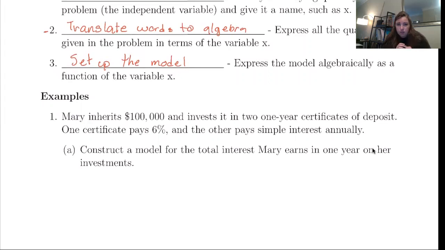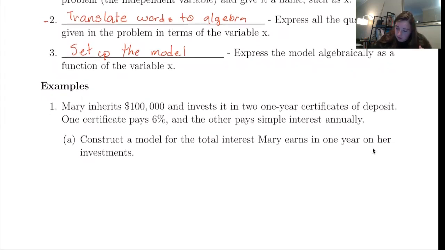I'm going to put it all in, right? One of the certificates pays 6% interest, and the other one pays, I forgot to include this one, 4.5% interest annually.